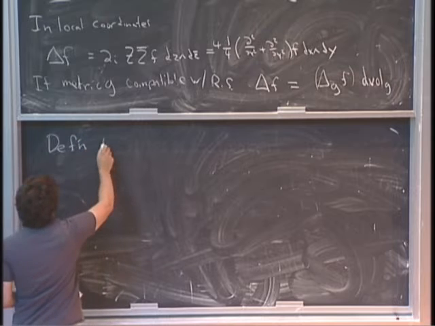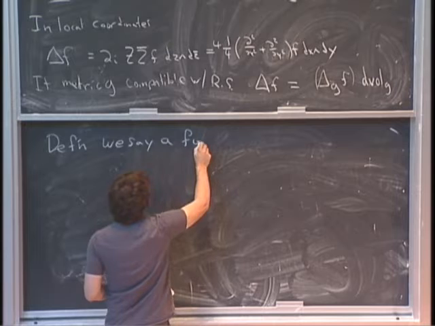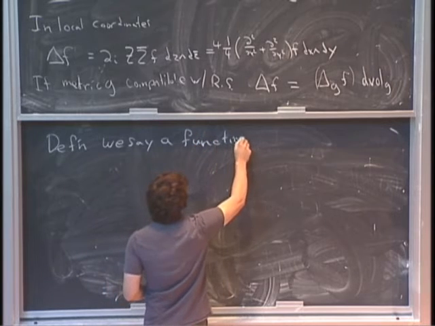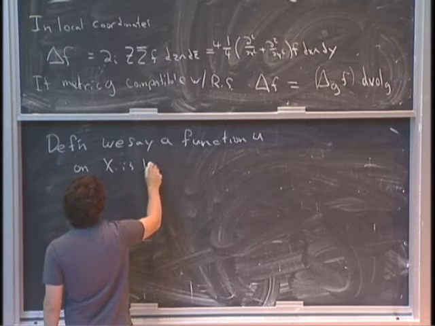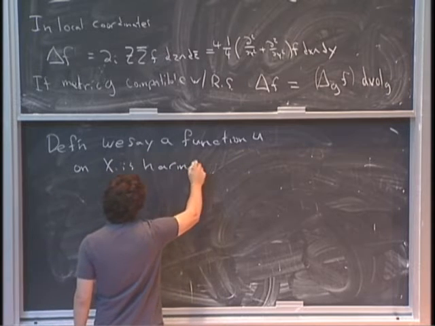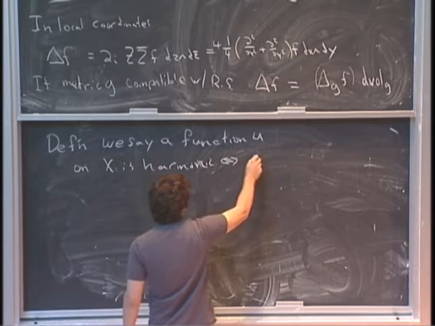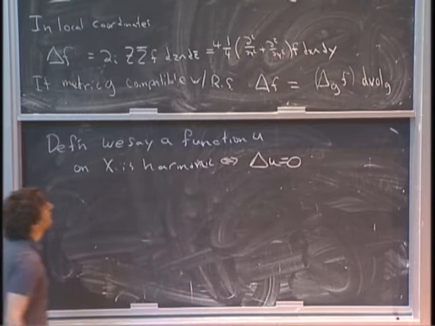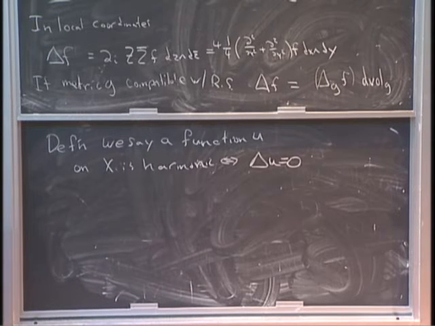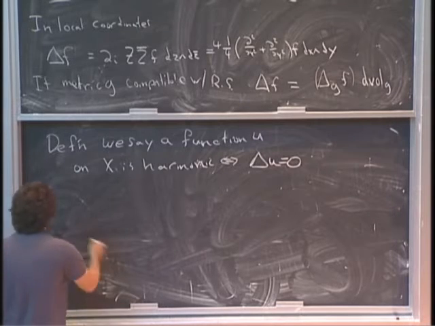We say a function u on X is harmonic, so it could be real valued or even complex valued, it doesn't matter, if and only if the Laplacian of u is equal to 0. We have a special section of the space of two forms, which is the 0 section.